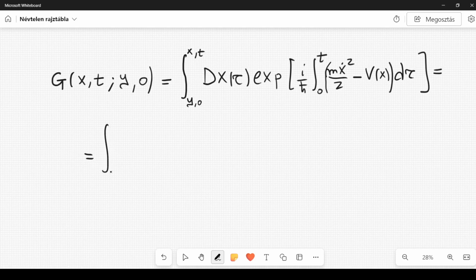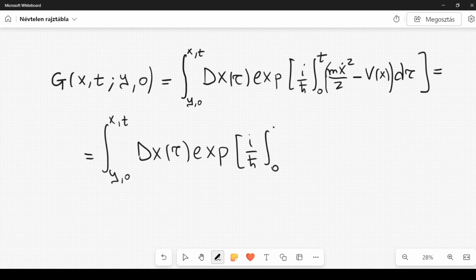We have the integral from y, 0 to x, t, dx of tau, and then we have an exponential of i over h bar, and here we have only the integral of the kinetic energy, m x dot squared over 2, and the integral is performed over tau, and then we have a summation.